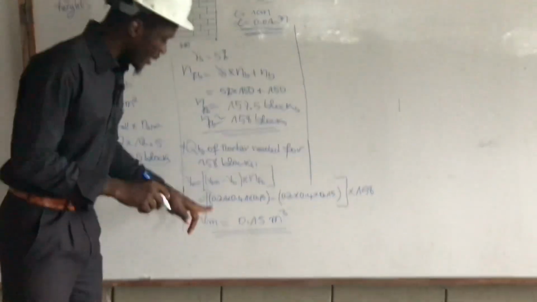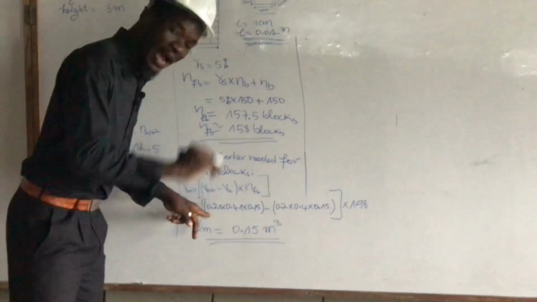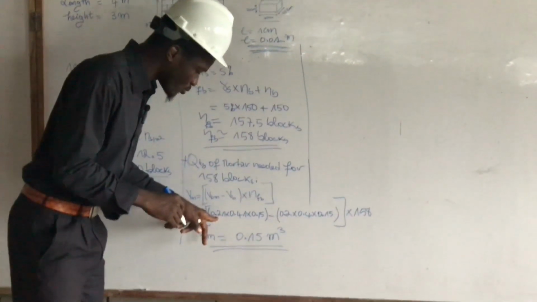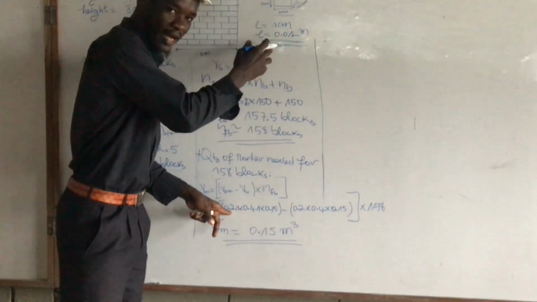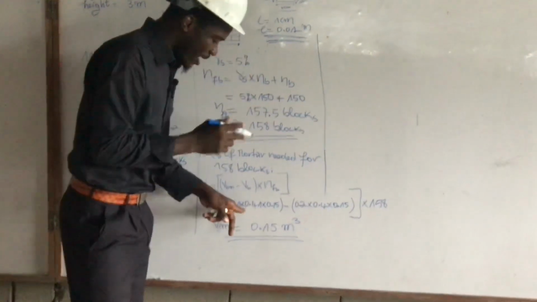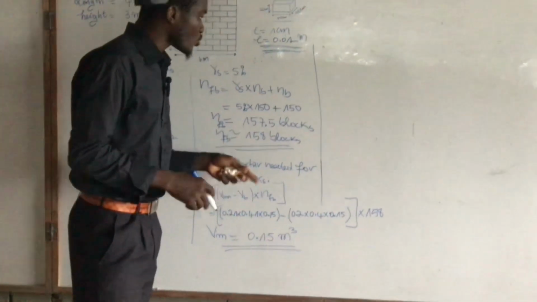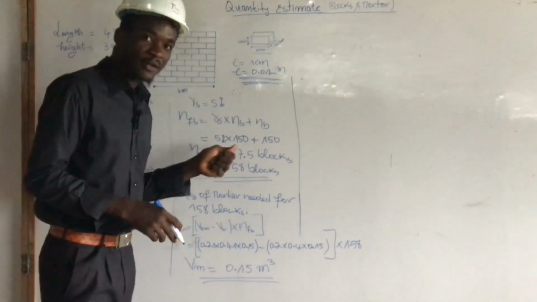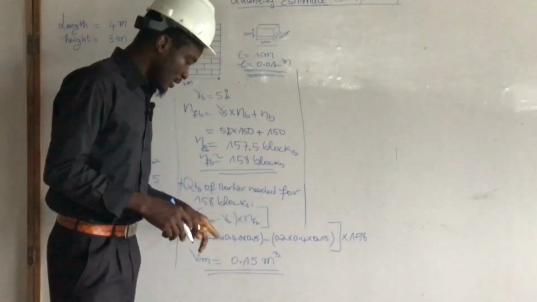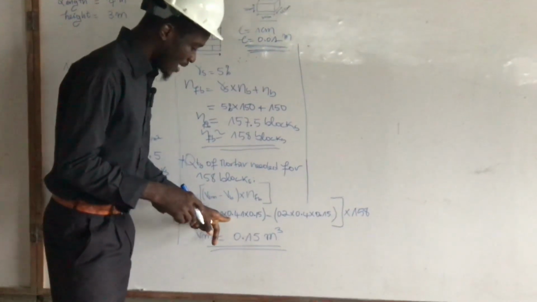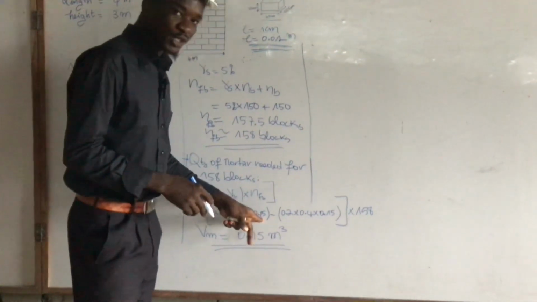So you consider the height of the block, 0.2 meter, that's 20 centimeters, plus the 1 centimeter of mortar, times 0.41. The 0.41 corresponds to the length of the block, 0.40, plus the thickness of the mortar, 0.01. That's why you have 0.21 times 0.41 times the width of the block, 0.15.